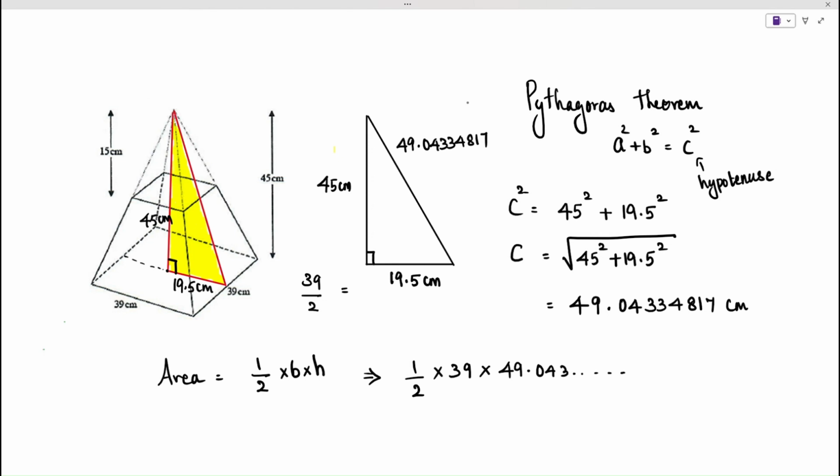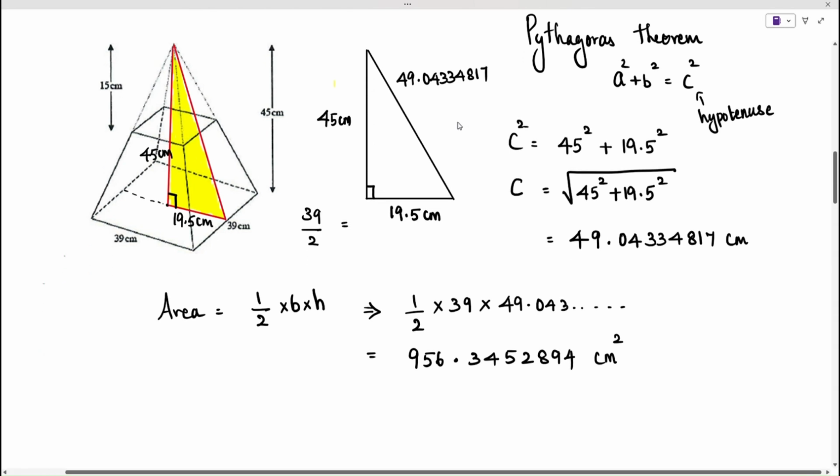If we plug this into our calculator, we get the value for the area as 956.3452894.